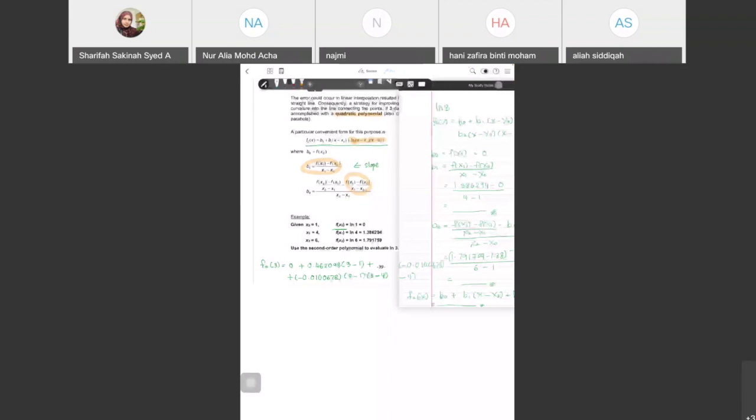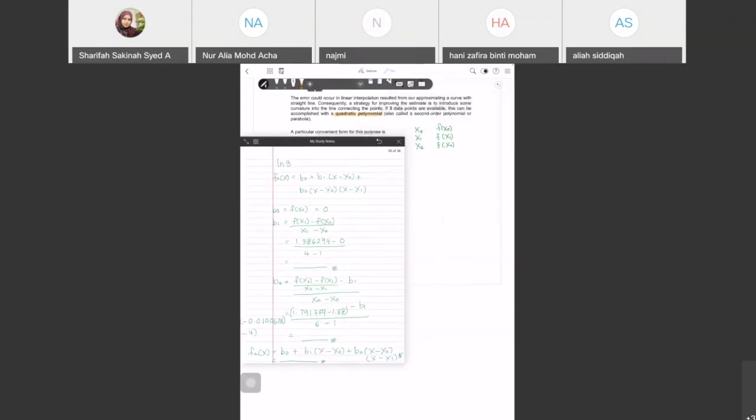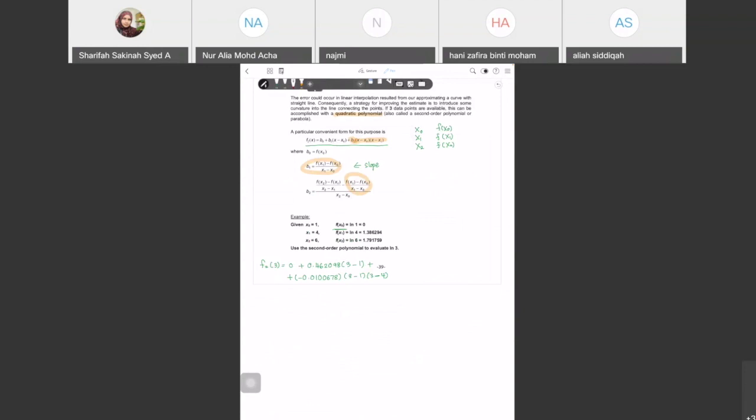So the final answer is equal to 0.9. Okay. Who can get an answer different from this? So for the time being, 2 of your friends get the same answer. So hopefully later when you try the same question, you also get the same answer.